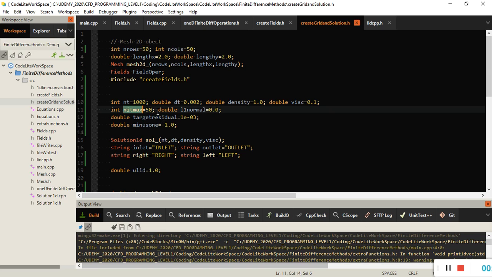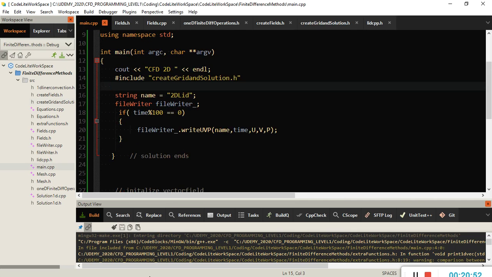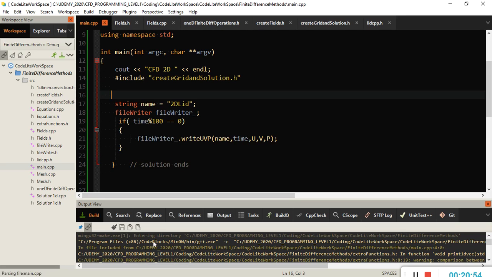In these inner iterations we will try to converge the pressure Poisson equation to a target residual. If it is not converged in 50, move on to the next time step. And yeah, that's it. So first of all, let's see what kind of fields we have created.